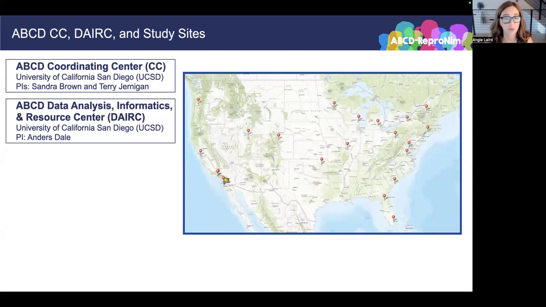And just so you're aware, the DARC was originally established as the Data Analysis Informatics Center, or DAIC. So you may see certain older publications and leftover terminology. Just so you know, DAIC, DARC, same thing.